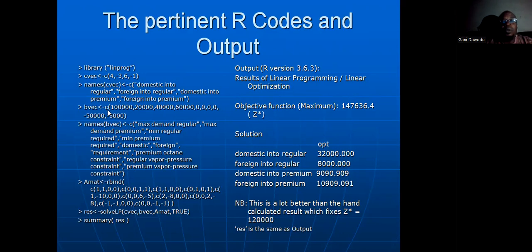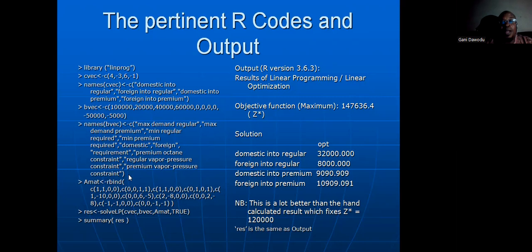The b vector, which is the vector of the right-hand side in the constraints. The names of the b vector. Then the A matrix.